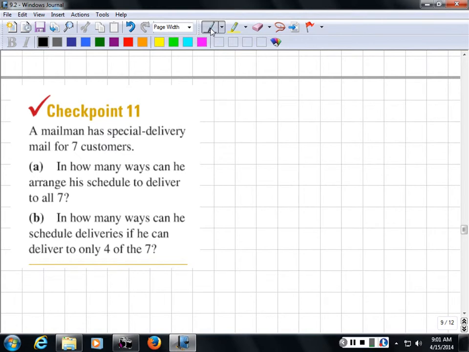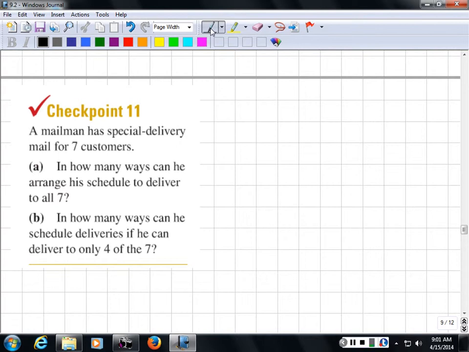Does it say in the problem that order is important? No. So it's going to tell us that it's important, in one way, shape, or form. So is this a combination, or just a straight factorial? It's a straight factorial.